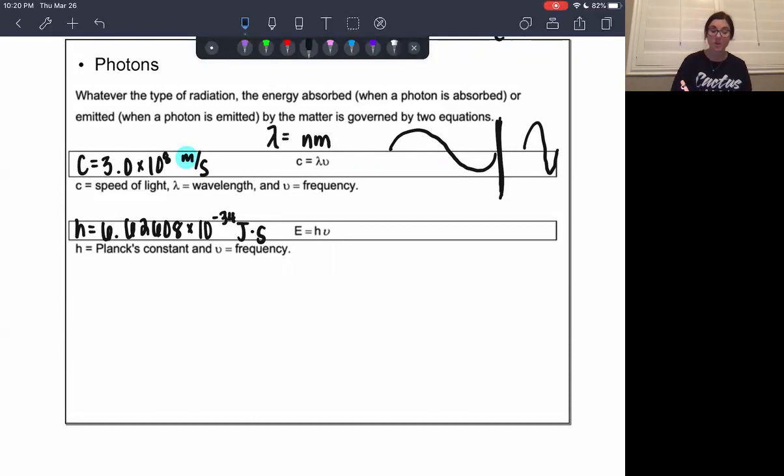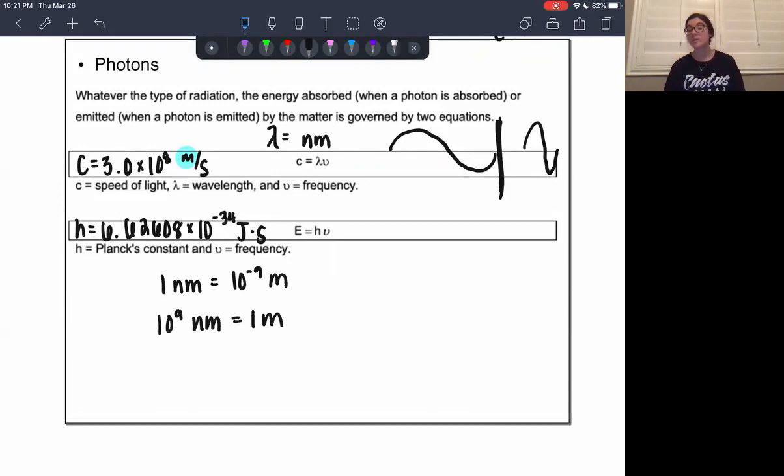So you'll need to know that 1 nanometer is the same thing as 10 to the negative 9th meters. Or another way of thinking of it is that 10 to the 9th nanometers is equivalent to 1 meter. Both of these conversion factors will allow you to convert back and forth from nanometers to meters.